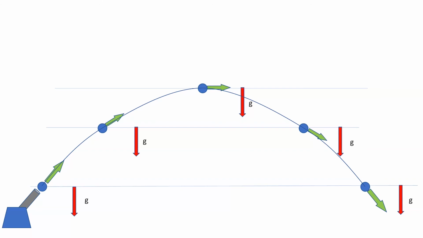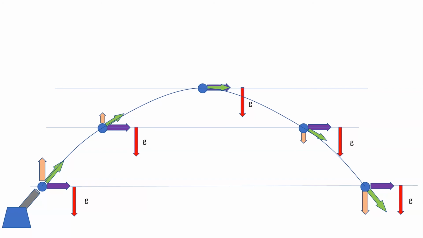Let's see what that does to the velocity vector by breaking that into components. So it starts off on the left, it's moving up and to the right, and those arrows are about the same. But as gravity does its work on it, the upward arrow decreases, and the green arrow rotates down toward the purple arrow because that's where most of the speed lies. At the very top, all of the velocity in the Y direction has been taken away by gravity.